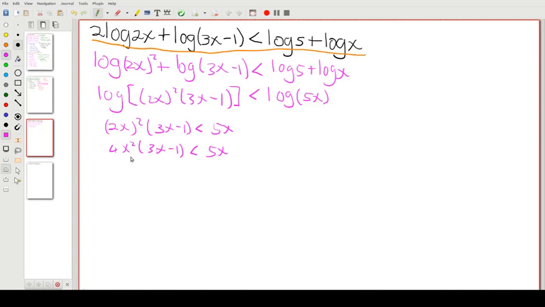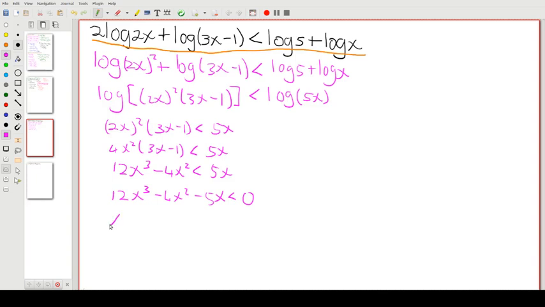So 4x squared times 3x gives us 12x cubed, and 4x squared times negative 1 is negative 4x squared, and we've got the 5x this side. Now we take everything to one side, so we keep everything on the left: 12x cubed minus 4x squared, and then minus 5x, less than 0.